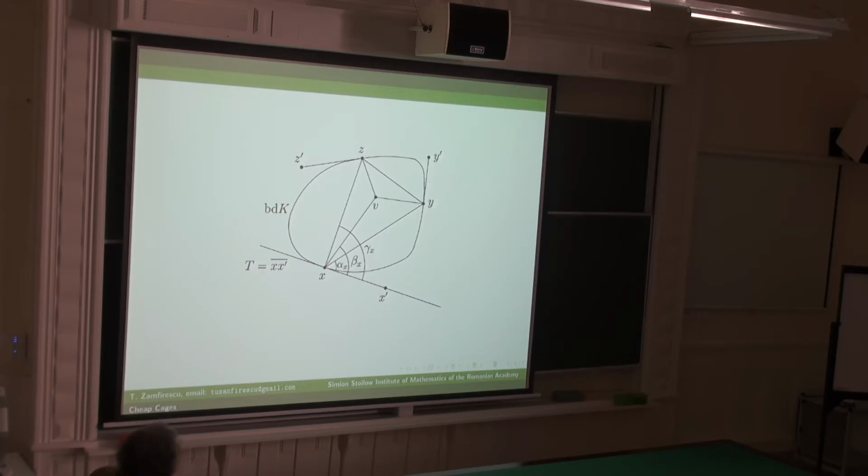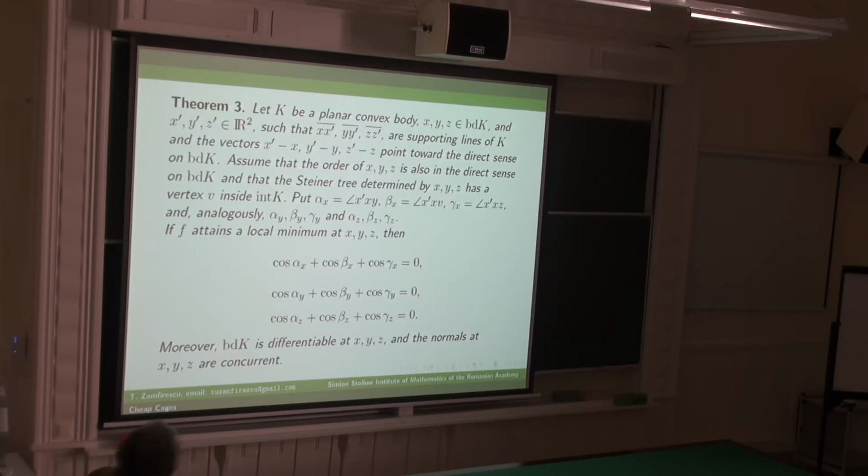And also the angles alpha x you see here, and beta and gamma correspondingly. Alpha x and alpha y and alpha z. And we have accordingly beta x, y, and z, and gamma x, y, and z. They satisfy this.